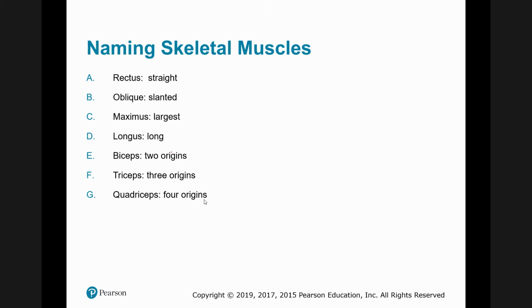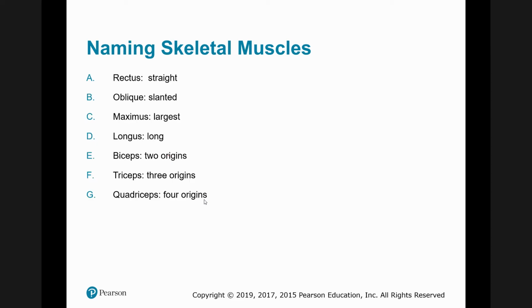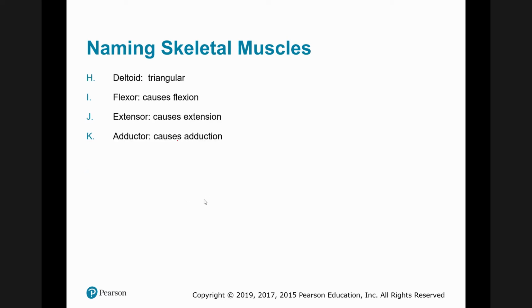Origin is the immovable part. Sorry, origin is the immovable part and insertion is the movable part. Triceps, three origins. Quadriceps, four origins. Again, this will help you if you understand the shape and where it is located. It will help you to name the muscles, just to give an idea.